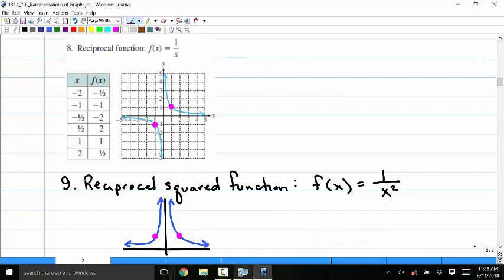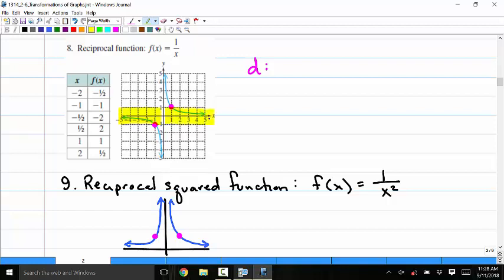Okay, let's go talk about domain and range on the reciprocal function. What do you notice about the x-axis? Do you ever touch it? No. What do you notice about the y-axis? Do you ever touch it? No, those are called asymptotes, and we're going to get there later on. But those are values that are never crossed. So for the domain, you can do all of these x values, but you can't do 0. And then you can do all of these x values.